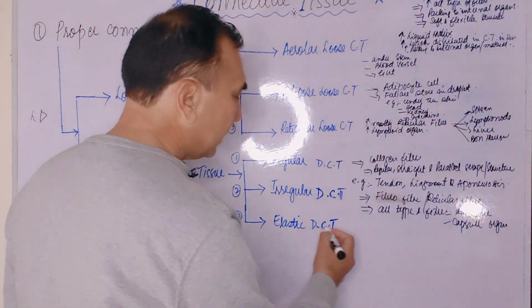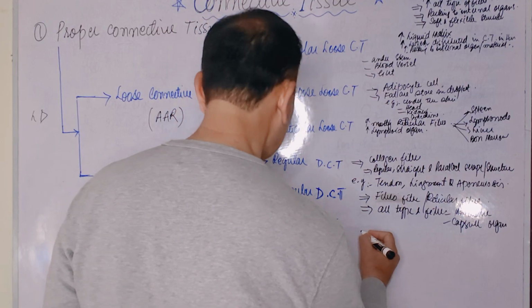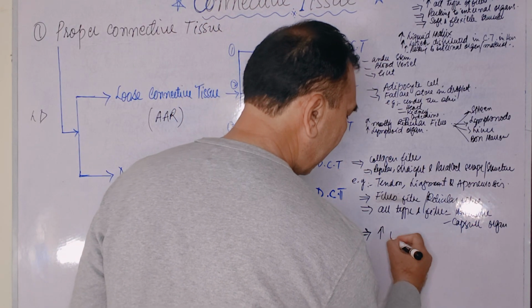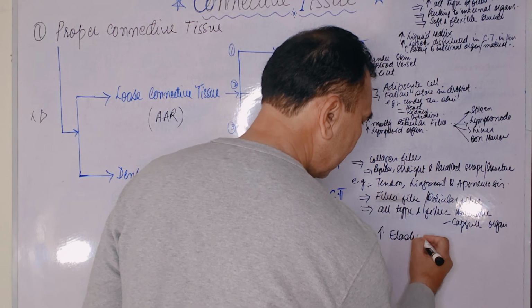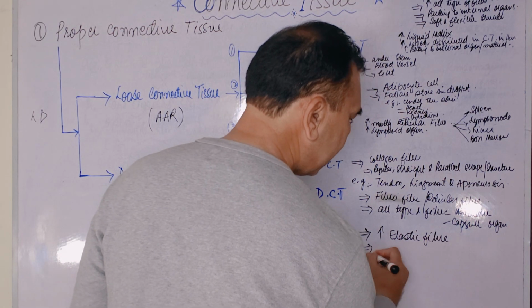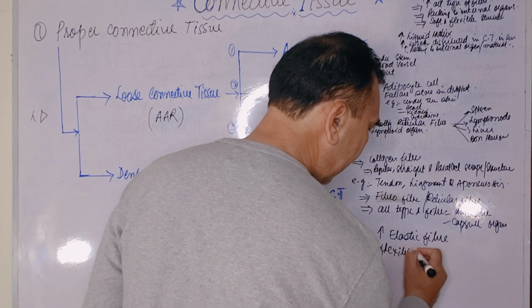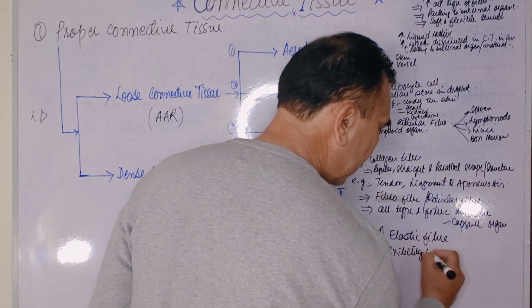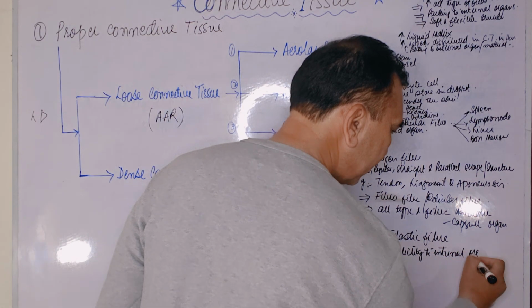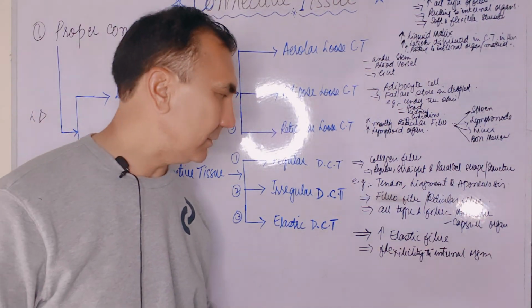And the third type is the elastic dense connective tissue. The elastic dense connective tissue is mostly made up of elastic fibers, and these elastic fibers provide flexibility to the organs made up of elastic dense connective tissues.